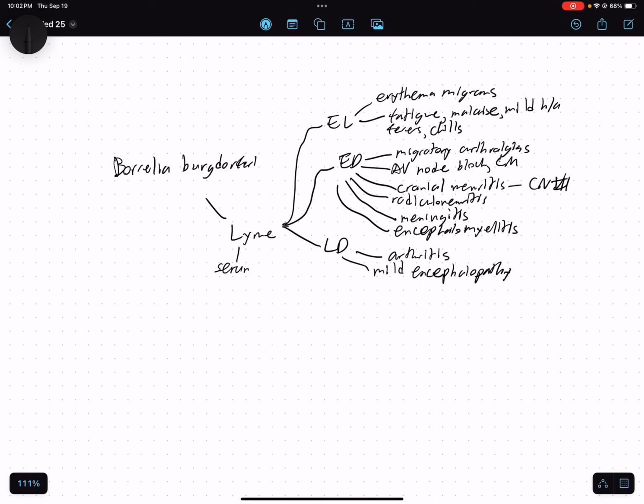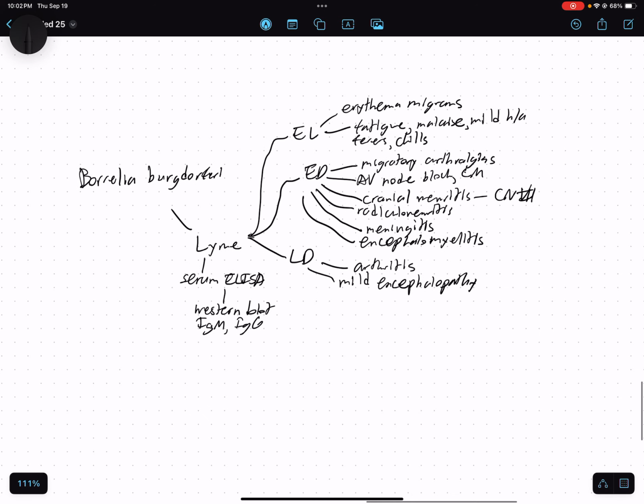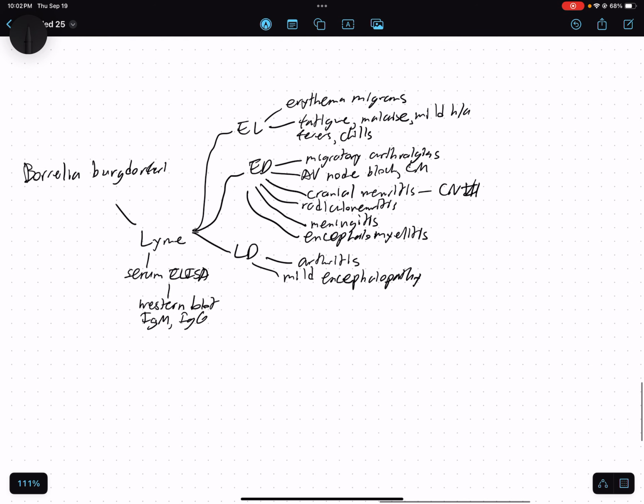Investigation-wise, serum ELISA for Lyme is where you start, and then for confirmation, you order a Western blot, getting IgM and IgG antibodies. For meningitis and encephalomyelitis, you're going to have to rule out other causes of infection, right?